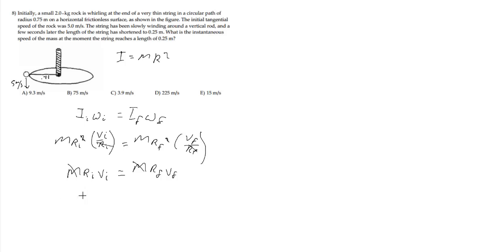So V final is going to be equal to R initial V initial over R final, which is going to give us a solution of, if you plug everything in, 15 meters per second. And we want to make sure that it is faster, because if you've ever played tetherball, you'll know that as this wraps around, it will start getting faster and faster, because that angular momentum was conserved.